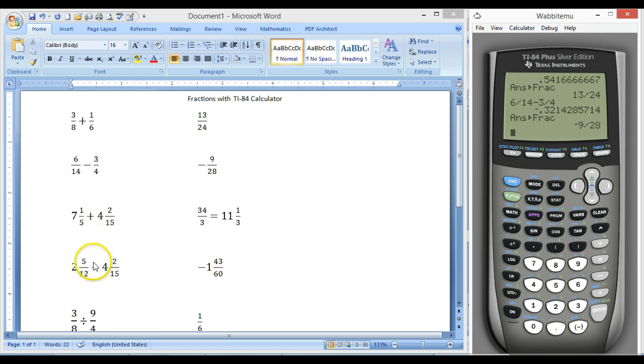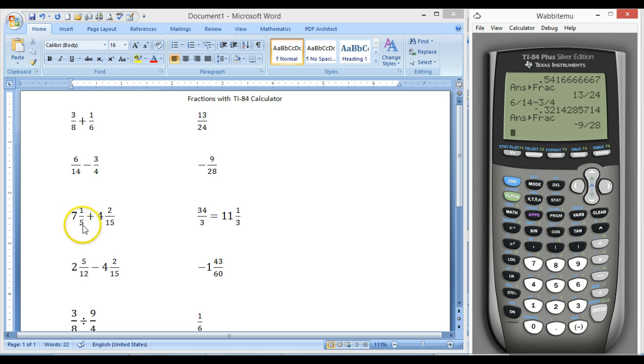However, when you get negatives and subtraction signs, sometimes it gets confusing. Just for those of you who are comfortable with it, right here you would do -4 minus 2/15. Those of you who are not, don't worry about that. Change it to its mixed number.